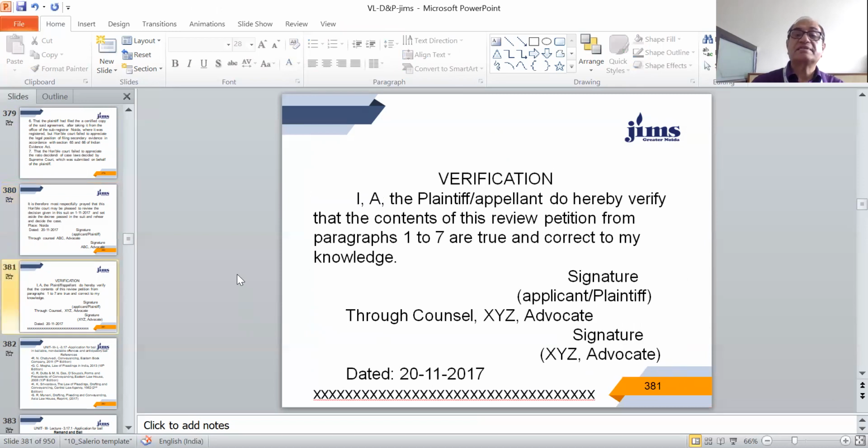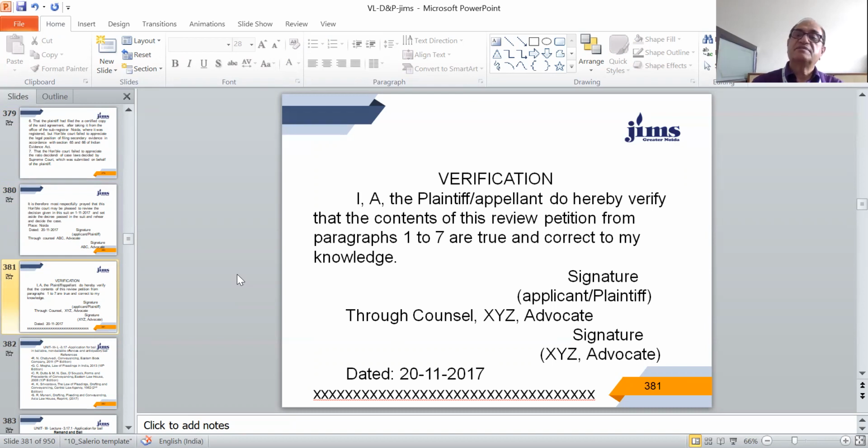Then, dear students, lastly, the review petition has to be verified like a plaint. So, center heading: Verification. I, A, the plaintiff appellant, do hereby verify that the contents of this review petition from paragraph 1 to 7 are true and correct to my knowledge. And after verification, again the signatures of the applicant, that is the plaintiff, are required.